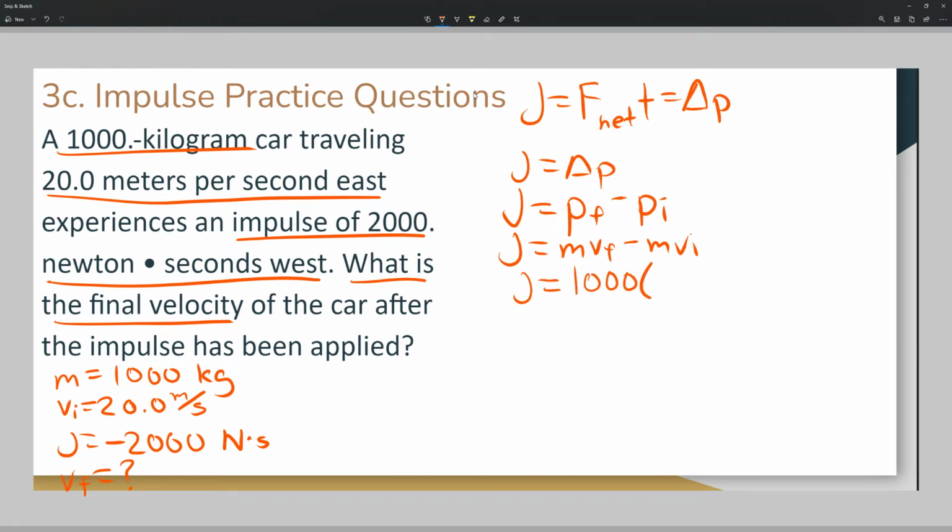Final velocity is the question mark, that's what you want to solve for. J is negative 2,000. Mass is 1,000. You want to find out that. Minus mass is 1,000. Initial velocity is 20.